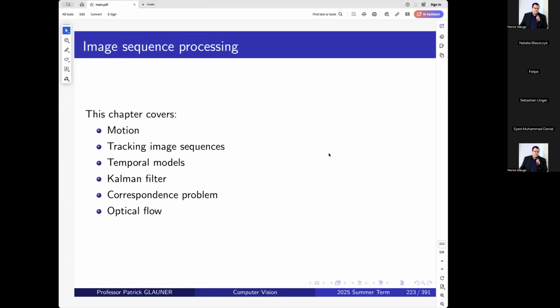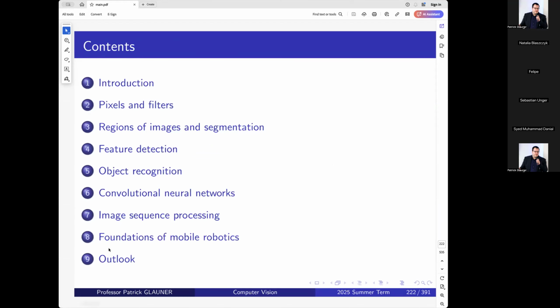They not only work for vision data, but they work for a huge number of signal processing tasks. And we can customize them to vision as well. So it will be quite a lot of maths next week. So make sure you're fine with Bayes rule or Bayes theorem, whatever you call it. And next week we will probably commit all the time to image sequence processing.